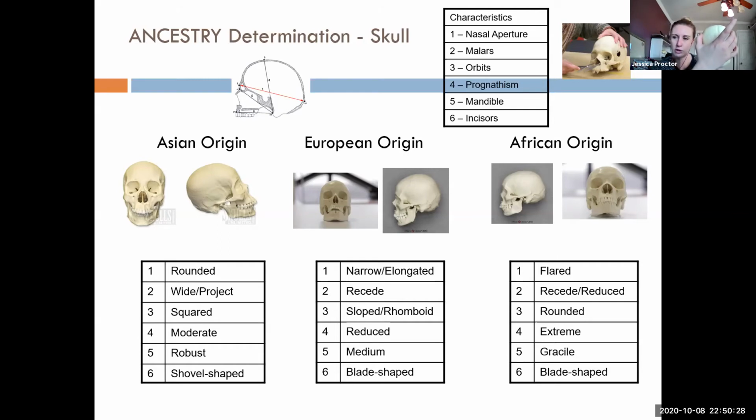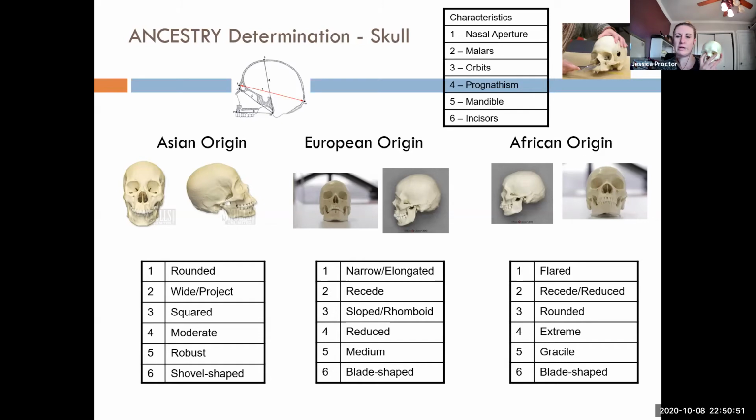You would use a tool called a sliding caliper, take a measurement of the widest point, multiply that number by 100, and then divide it by your measurement for cranial length. You'd use that same caliper and take a measurement that goes all the way from the supraorbital ridge back here to the occipital. That measurement is called cranial length.